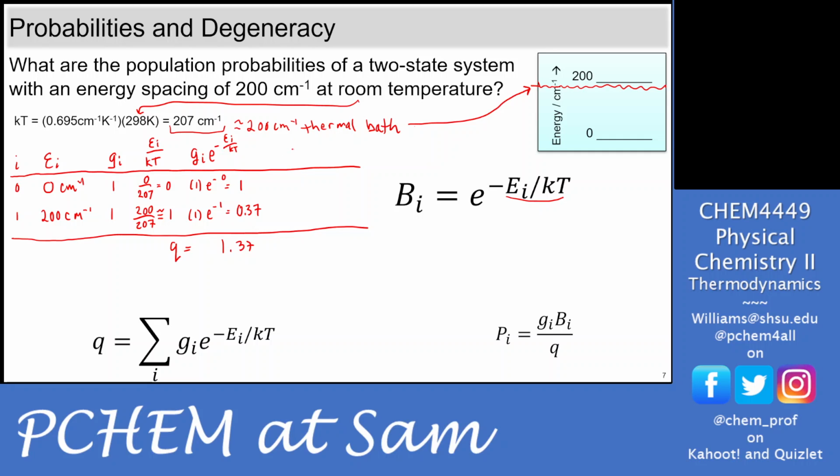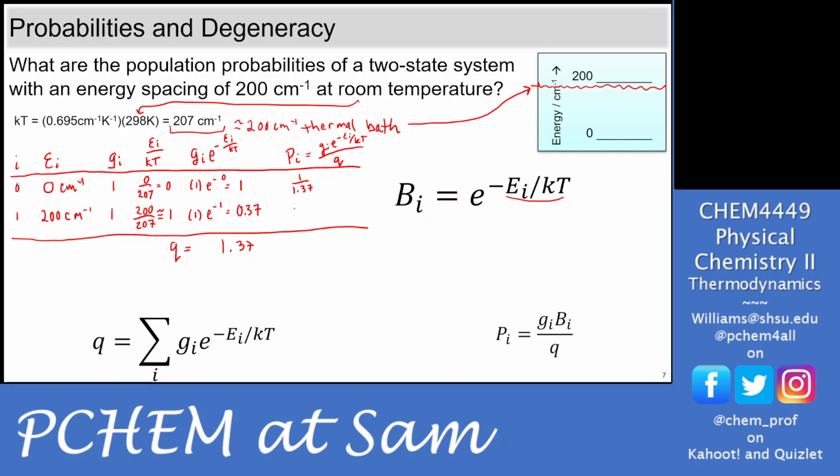Now we can do our normalized probabilities. And so the normalized probabilities are g e to the minus epsilon_i over kT divided by Q. And so this is pretty simple. This is this piece right here, 1 over 1.37.